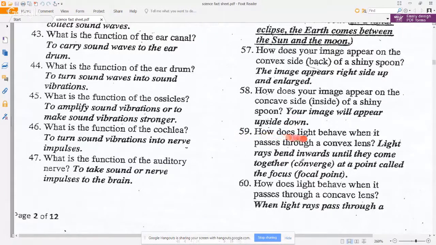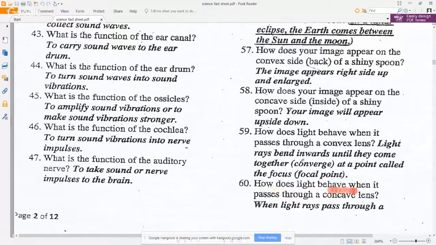59. How does light behave when it passes through a convex lens? Light rays bend inward until they come together. Remember, I was using this word converge at a point called the focus or the focal point. So, convex brings light together, they converge.